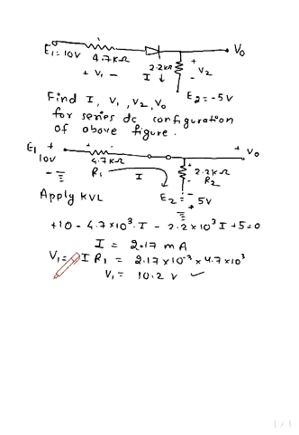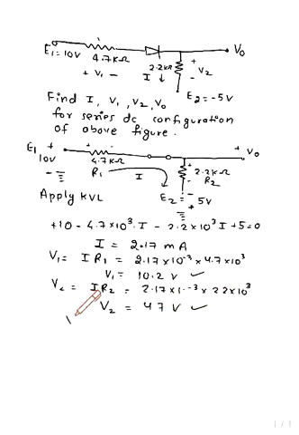Again we have to find the V2 value. V2 will be I into R2, and we know I is 2.17 into 10 raised to minus 3, and the R2 value is 2.2 kilo ohm, so V2 is equal to 4.7 volt. Then we can find VO, which is the voltage difference between V2 and E2.